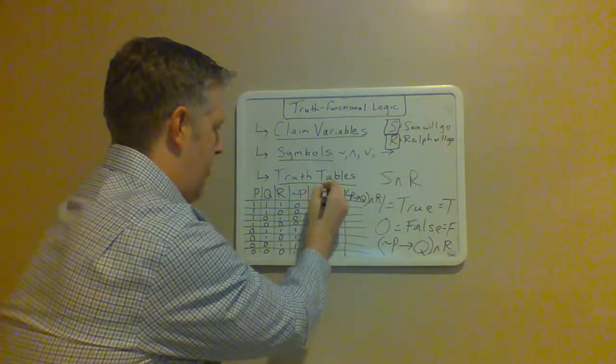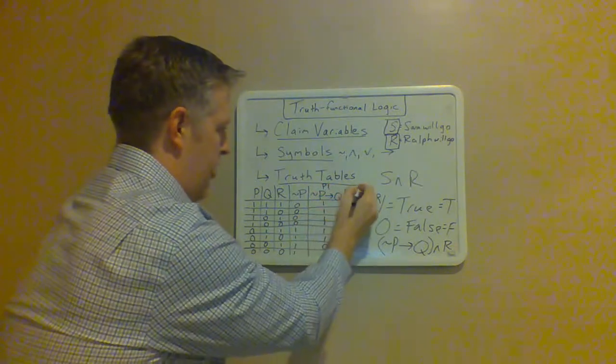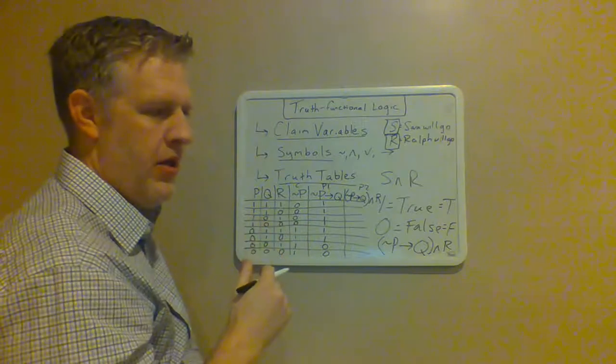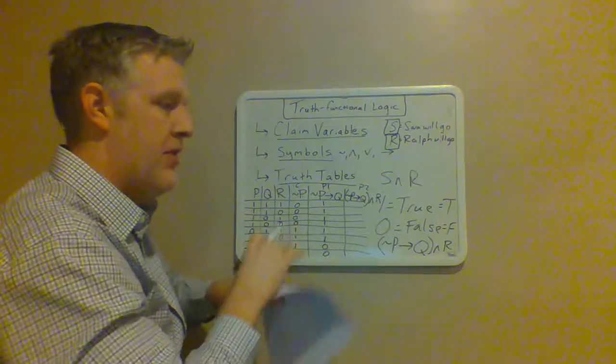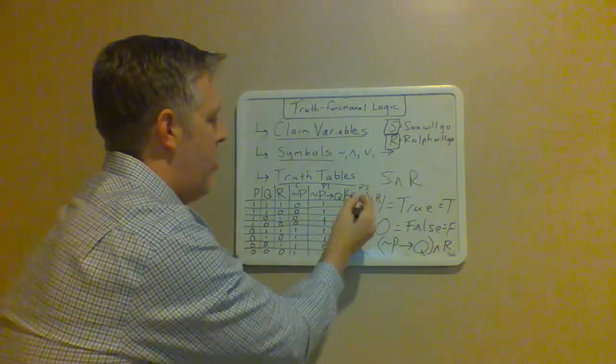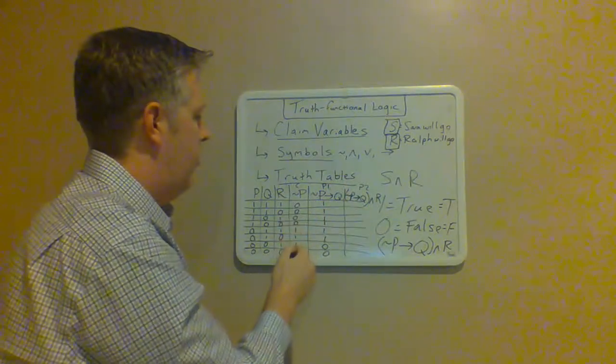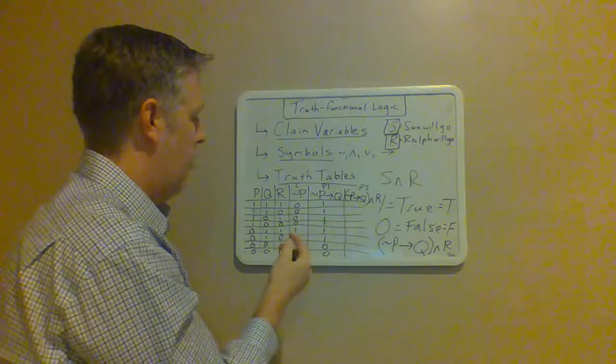So let's say this was premise 1 and this was premise 2, and somehow this was the conclusion. My point here is that I want you, again trying to be as clear as possible, to always demarcate which columns represent your premises and which one represents your conclusion.